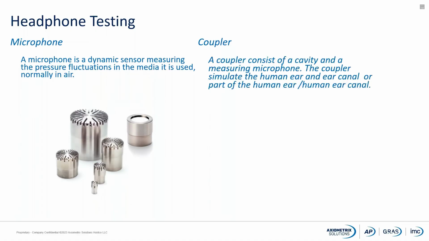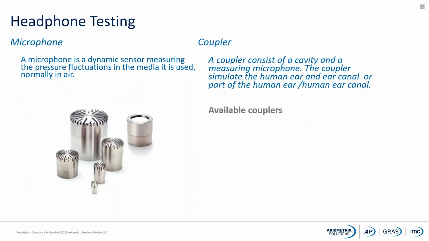A coupler consists of a cavity or a volume and also of a measurement microphone. The coupler simulates the human ear and the ear canal of a human, or a part of the human ear or a part of the human ear canal.